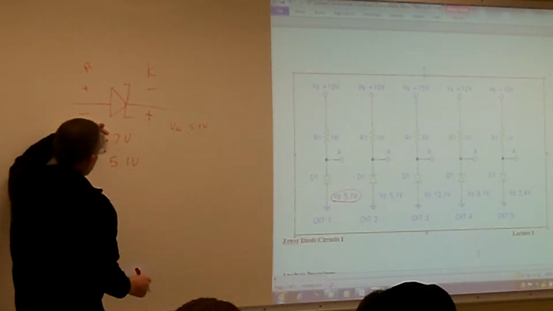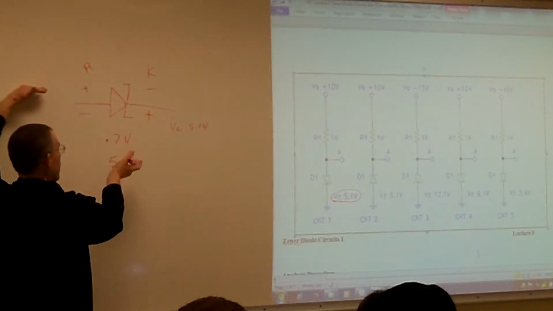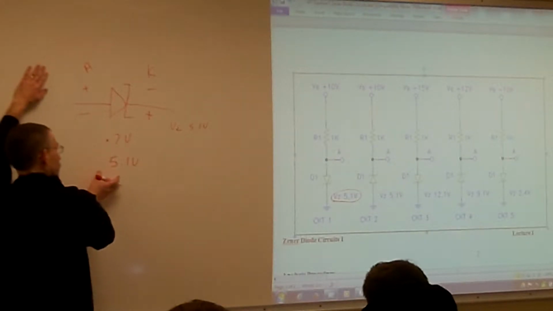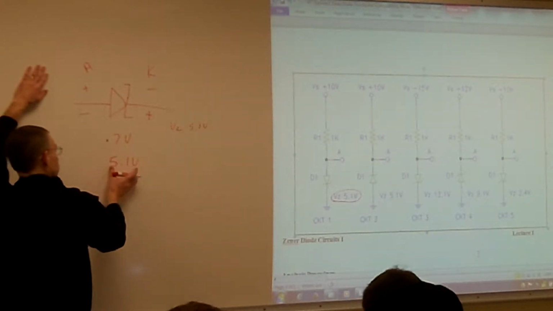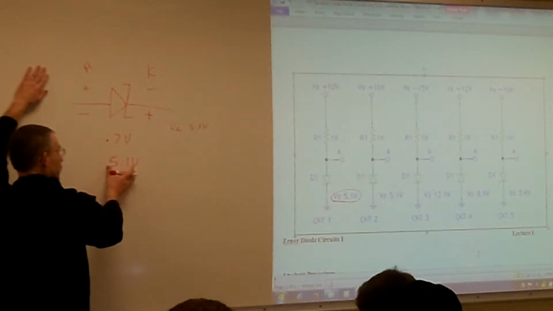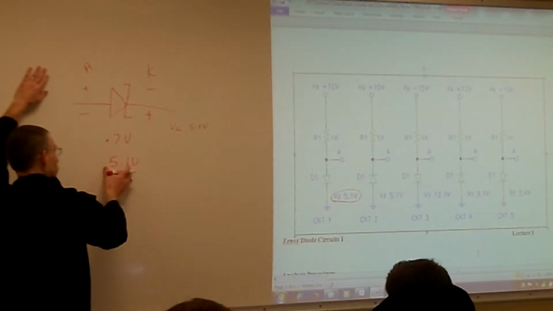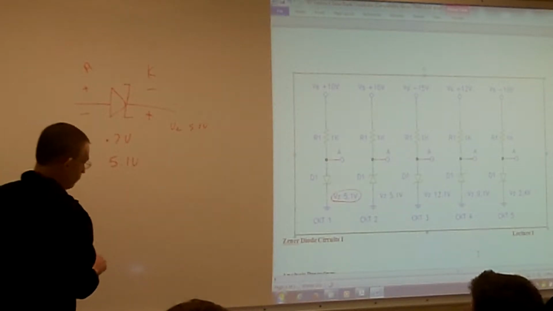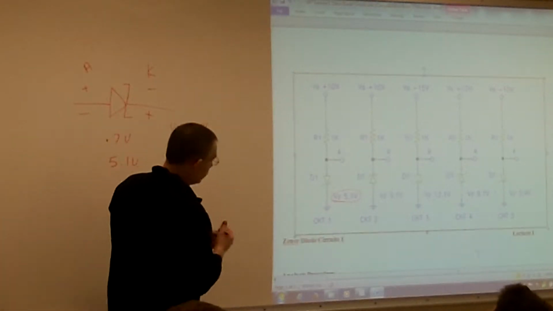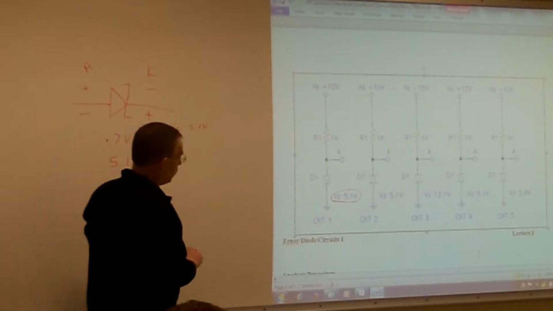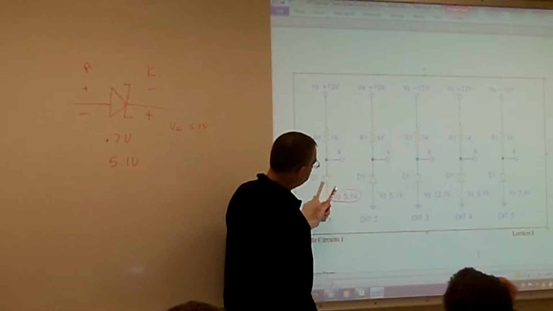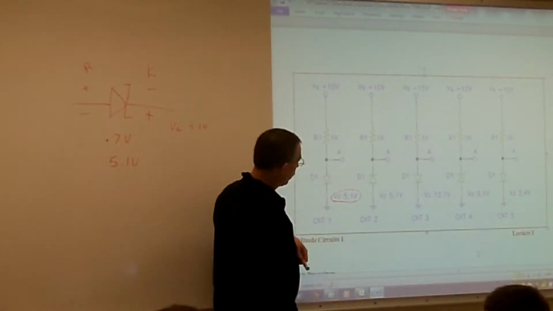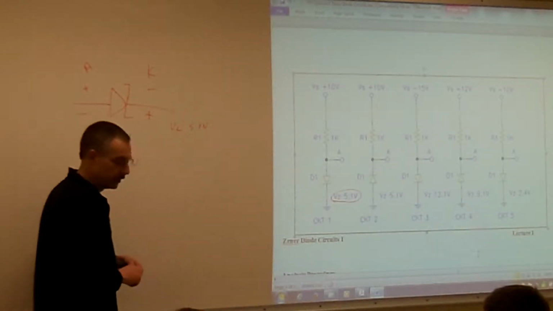Just like when it's in regular diode mode, no matter what I do to my power supply, if I keep increasing my source voltage, the Zener is always going to drop whatever the Zener voltage is. On this one that would be 5.1 volts. It would never go greater than that. So we use these Zeners a lot of times for regulating small current power supplies, or for reference voltages going into other circuits like op amps.